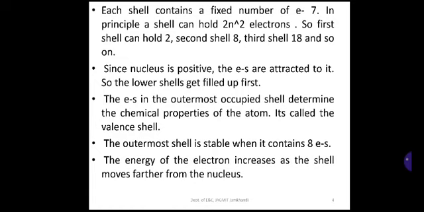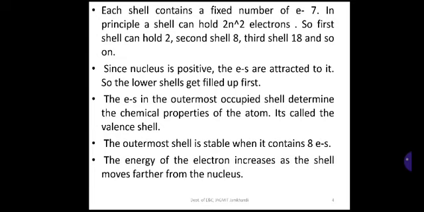So the first shell, the closest to the nucleus, can hold a maximum of 2 electrons. The second shell can hold 8 electrons, and the third shell can hold 18 electrons, and so on. That is how to calculate the maximum number of electrons in a particular shell: 2n squared, where n is the orbit number.